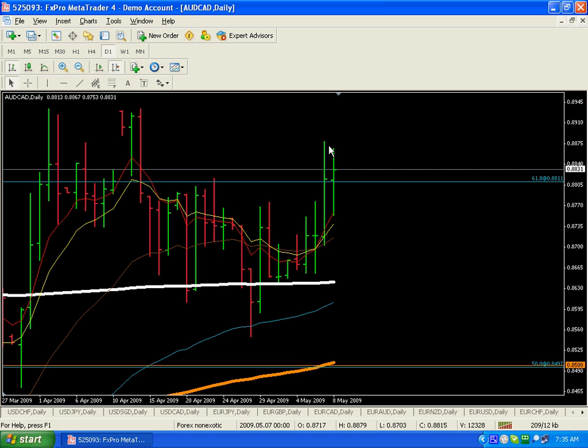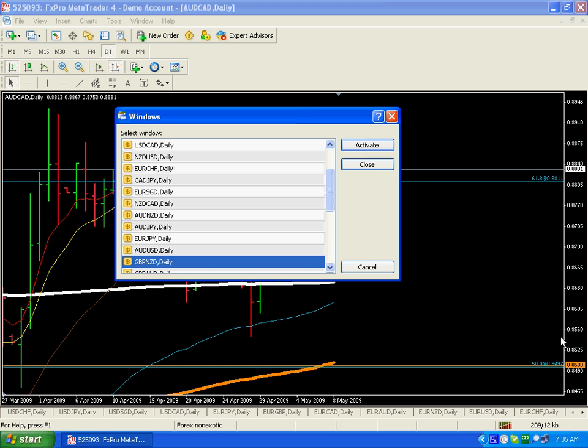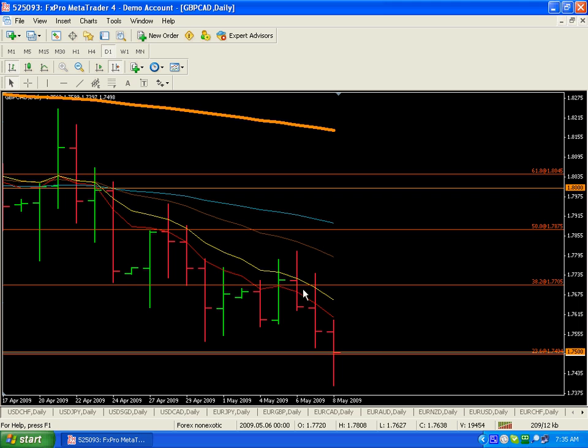The last one we will look at is Pound Cat. We have a bar that closed at the 1.75 area.